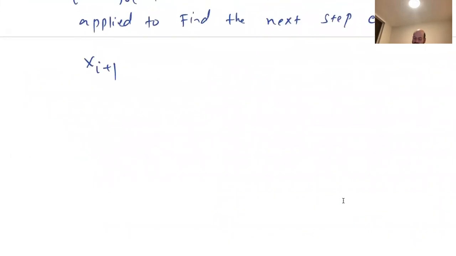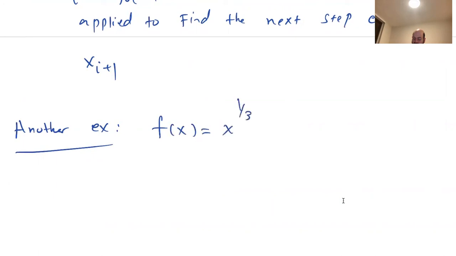Or in another example, let's say I set f of x equals x to the power 1 over 3. Then f of x has the root x equals 0.